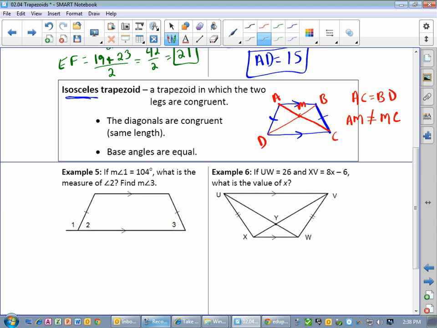Okay, just to be clear. I made it up. It's the point of intersection.